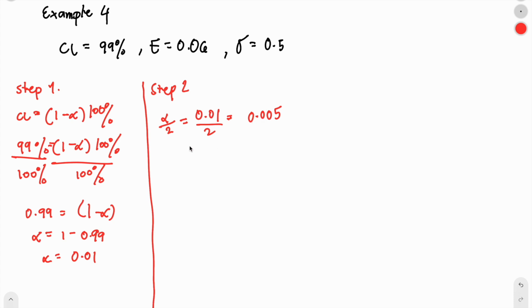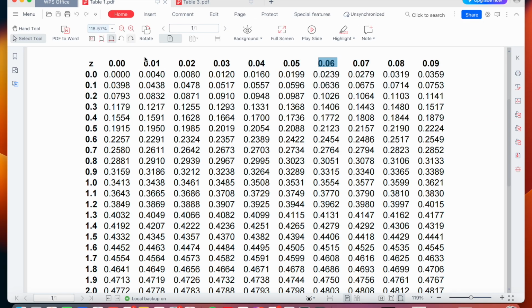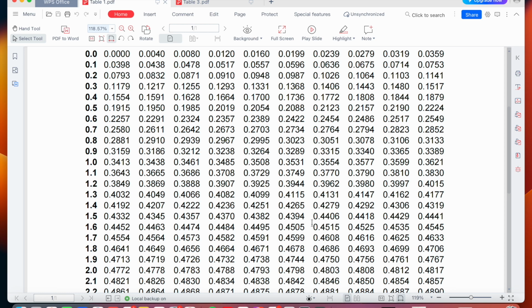We subtract this from 0.5, or 0.5 minus 0.005, which is equal to 0.495. Therefore, z alpha sub 2 is equal to what? Let's go back to our table. Table 1, 0.495.